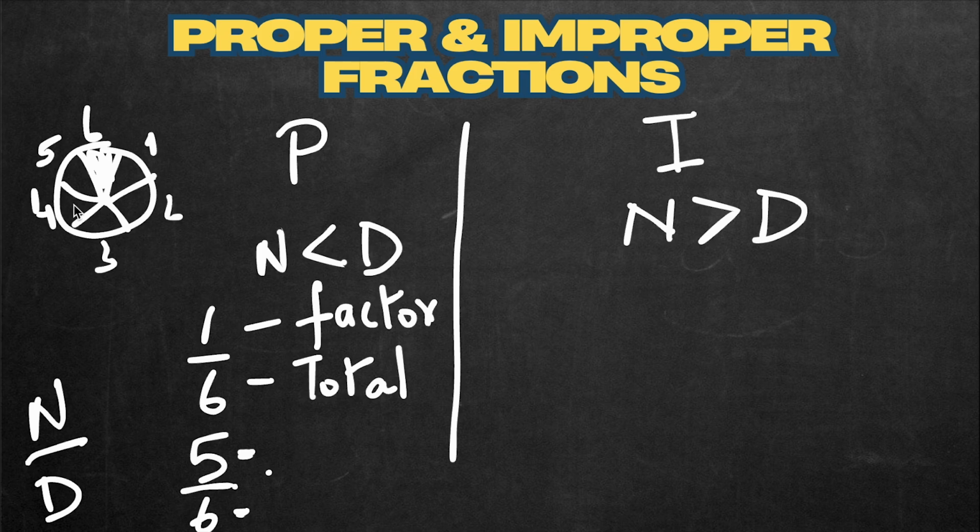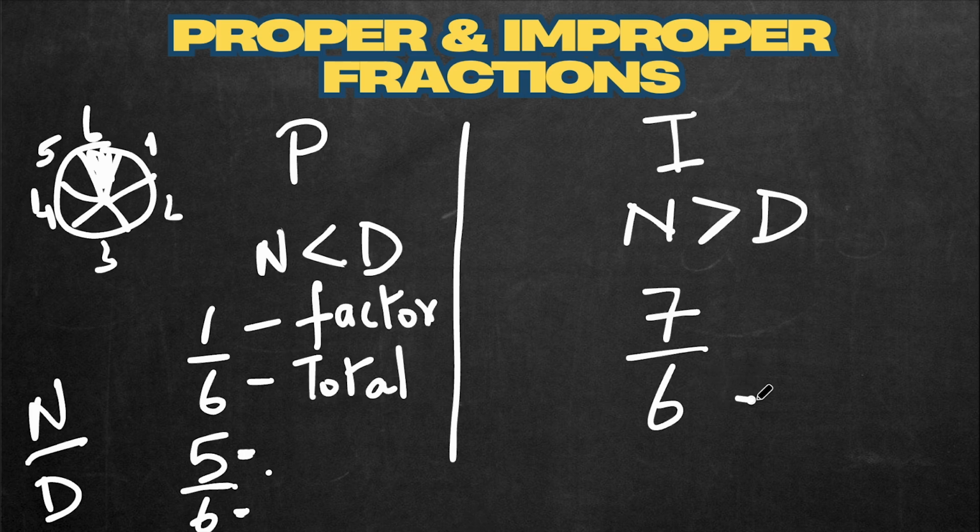And remember, bigger, not same, bigger. So if I was to write 7 over 6 or 7 out of 6 pizza slices, technically it's not possible, right? I mean, there are of course mathematical principles with which it may be made possible, but in terms of fractions and their usability, this is called an improper fraction because the denominator is smaller than the numerator.